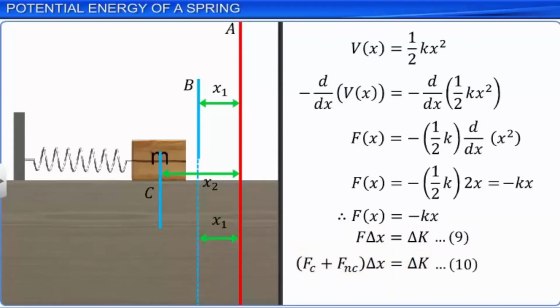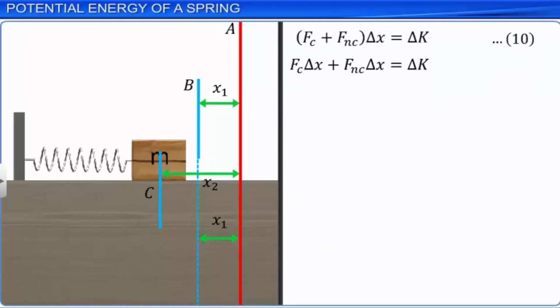Simplifying, we get Fc delta x plus Fnc delta x is equal to delta K. Since Fc delta x is equal to minus delta V in equation 10, we get minus delta V plus Fnc delta x equal to delta K. Let this be equation 11.